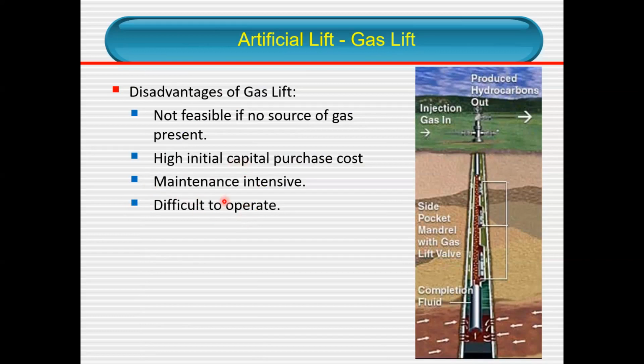But initially, yes, it was difficult to operate, to understand the amount of gas that needs to be injected. But with the development of technology, it is already part of artificial lift. It is being used largely, especially in our own Malaysian field.